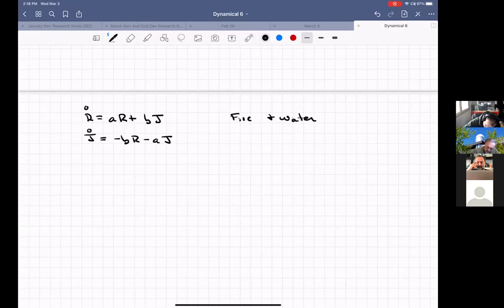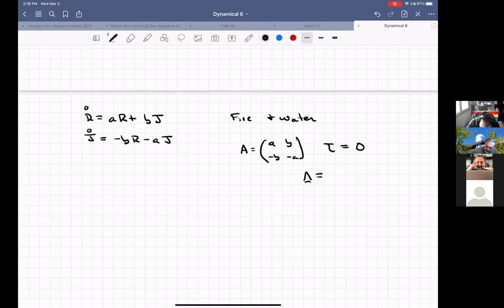So our matrix is A, B, minus B, minus A. So the trace is 0.